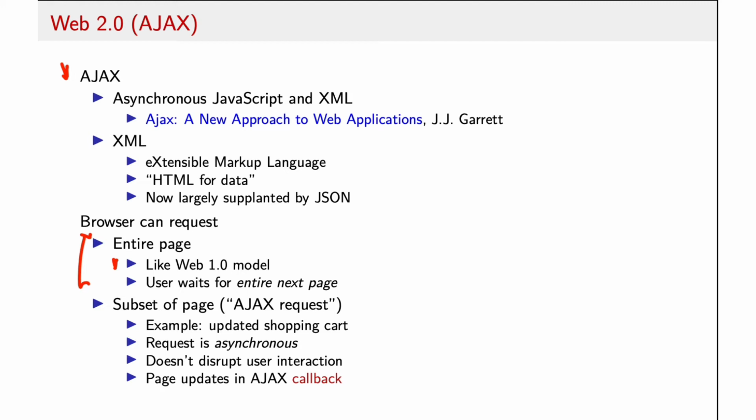So it gave a better user experience for two reasons. One, you maintained the context of the page on which you were working. And two, when you requested additional information, you didn't have to send quite as much stuff. If all you're updating is the HTML for that table and not the CSS styling, not other graphics that are on the page, you're going to get a snappier response from the server side because you're sending fewer bytes.